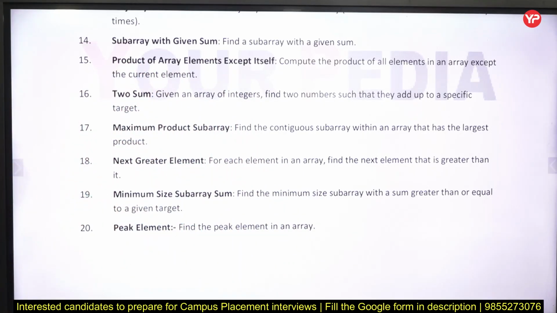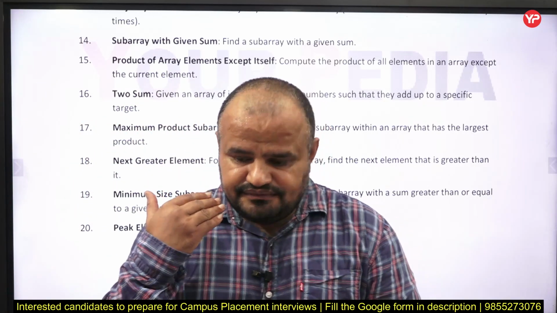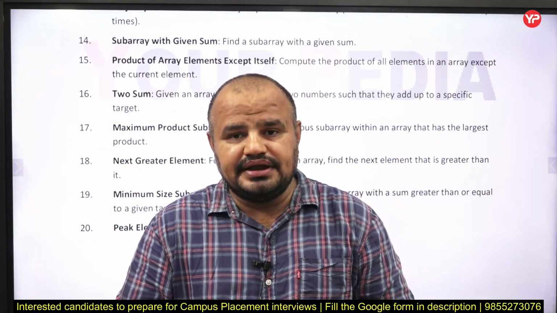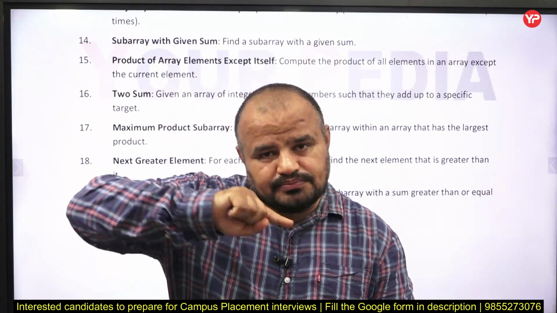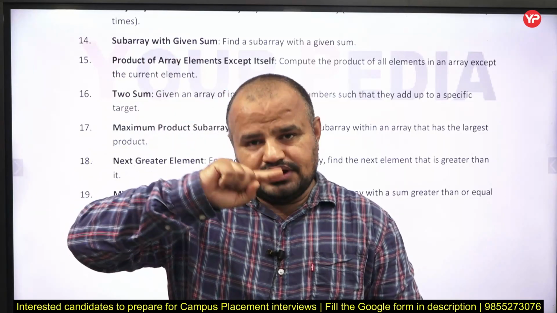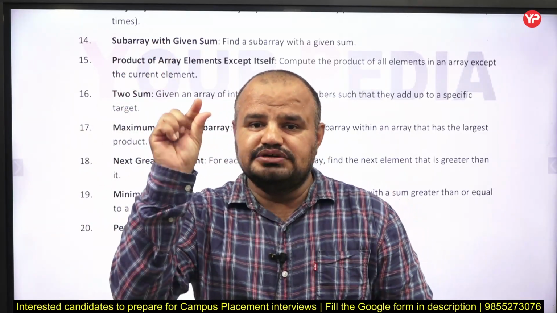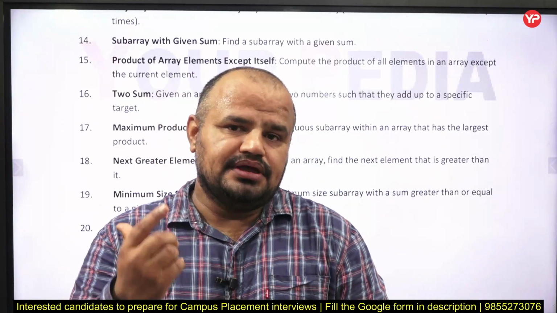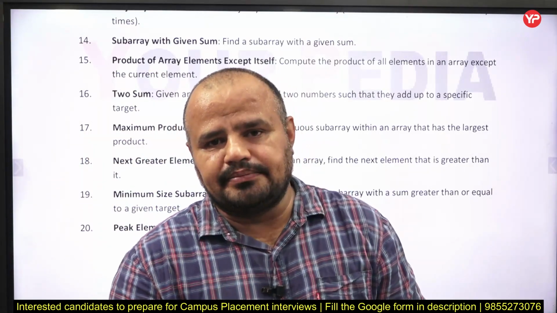So I have to find the next element which is greater than 70. Next, minimum size subarray sum, and the next is peak element. Peak element is like my array is first in ascending order, then automatically starts in descending order. So I have to find the topmost element from where the array is ascending and then starts decreasing. The point from which it decreases, that element is called the peak element, or they may give you the definition of peak element.